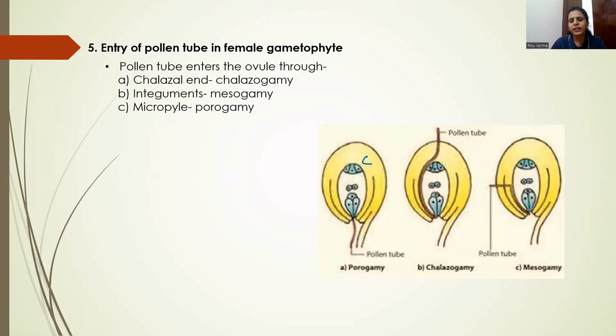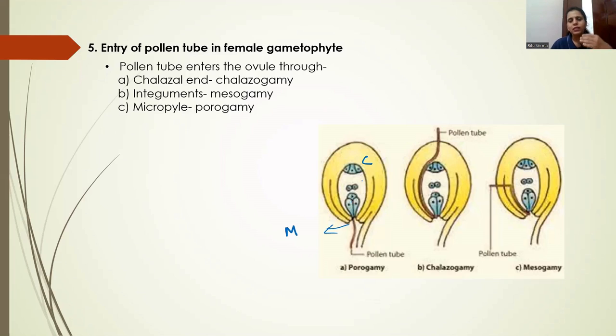This end is known as chalaza, the chalazal end, and this end is known as the micropylar end. So this pollen tube has to enter inside this female gametophyte in order to reach the egg cell and perform the process of fertilization.